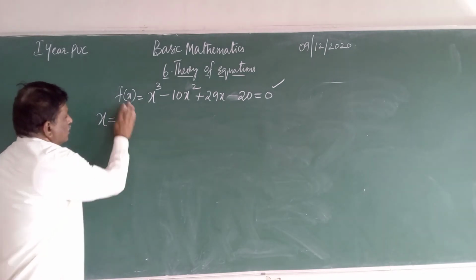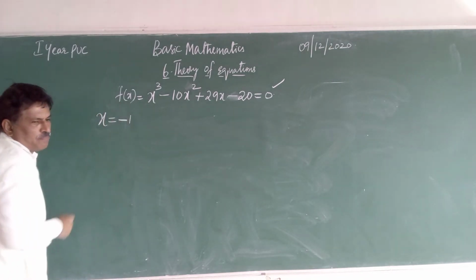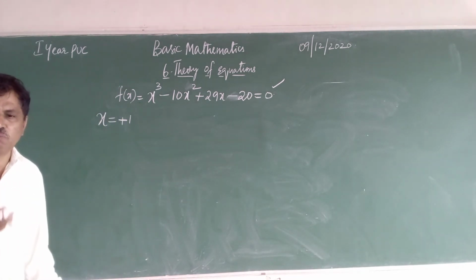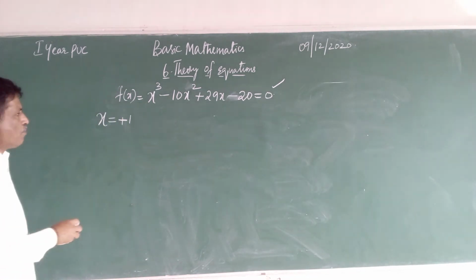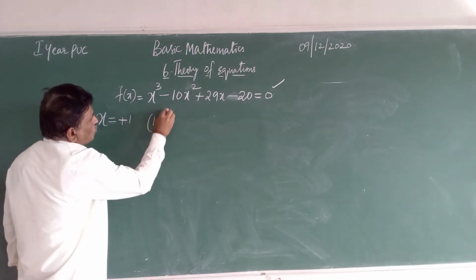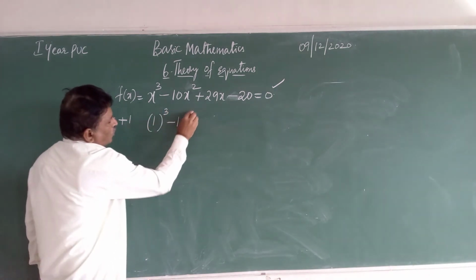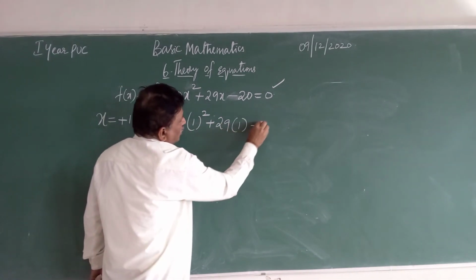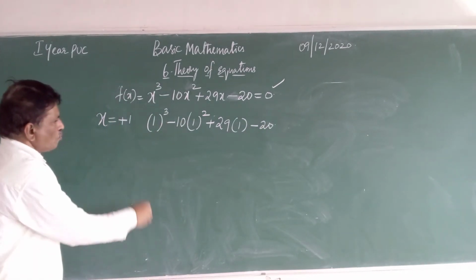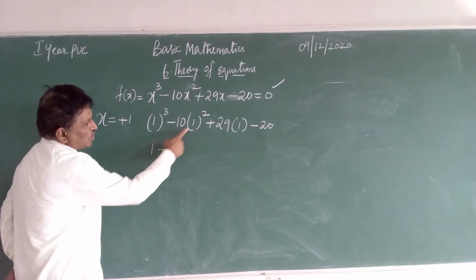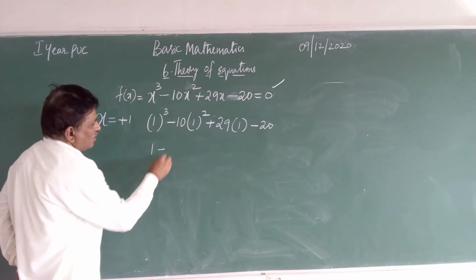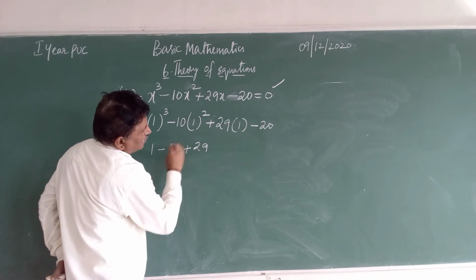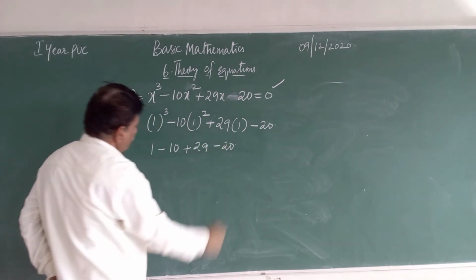Next, you take minus 1. Minus 1 we did, sorry. You take plus 1. Minus 2 done, minus 1 done, 0 done, plus 1. 1 whole cube minus 10, 1 whole square plus 29, 1 minus 20. 1 square is 1 only. 1 into 10, 10 plus 29 minus 20.